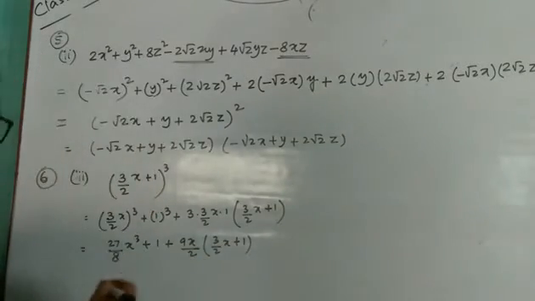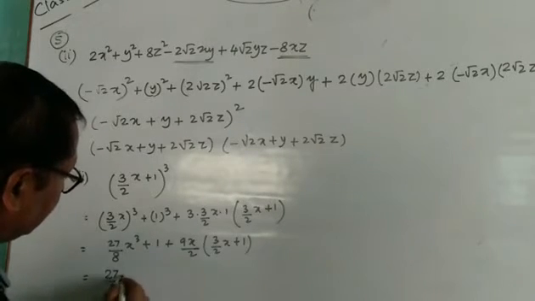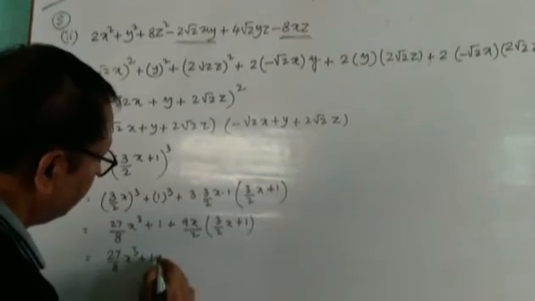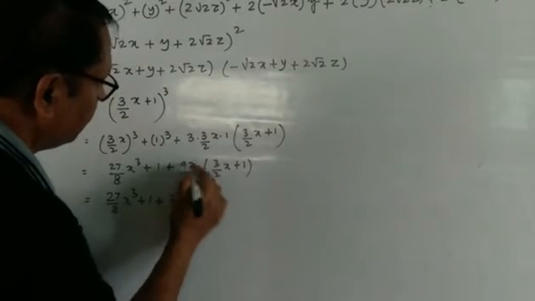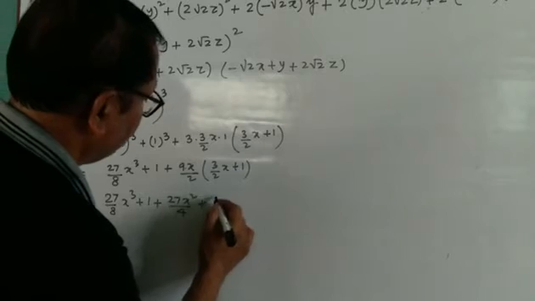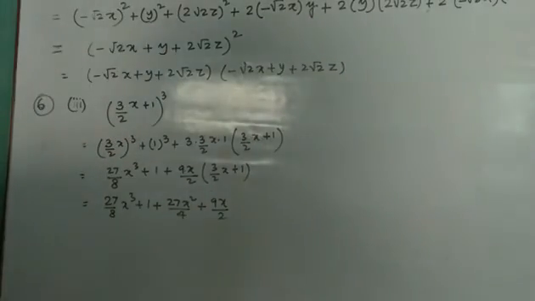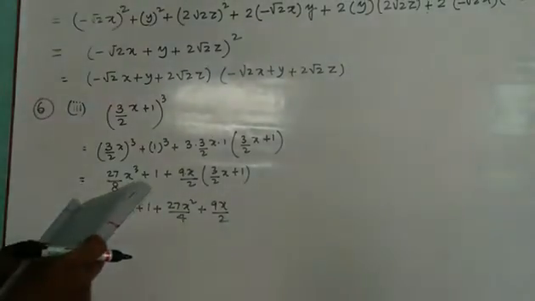You can open this by doing the multiplication: 27/8 x cube plus 1 plus 27x square/4 plus 9x/2. So this way you can do question number 3 of question number 6.